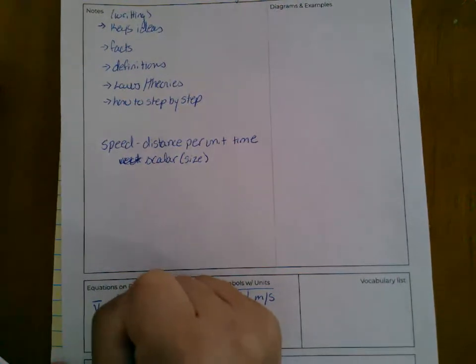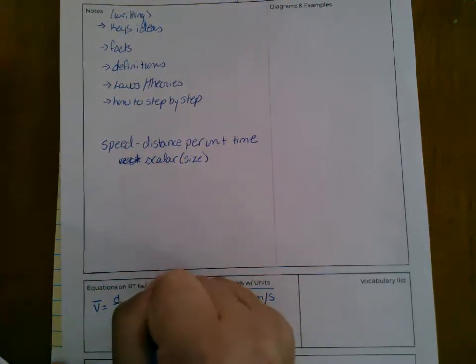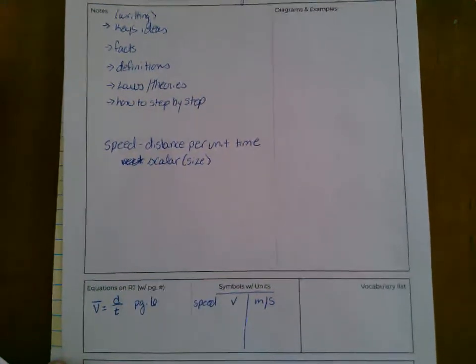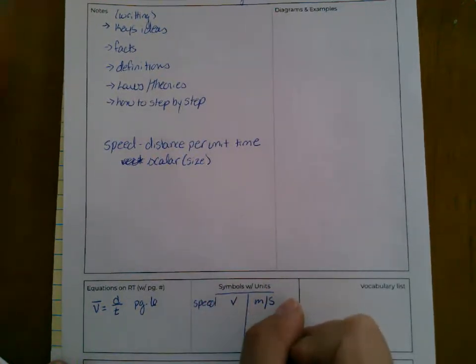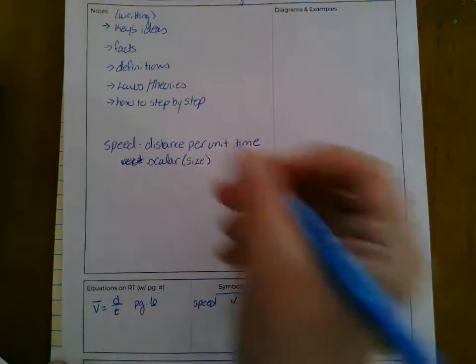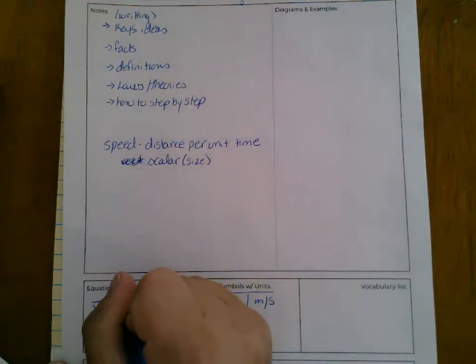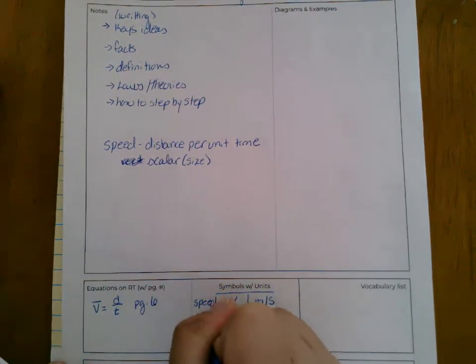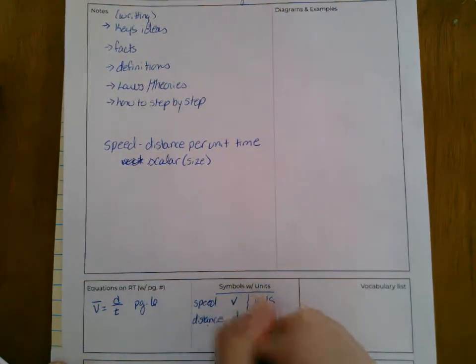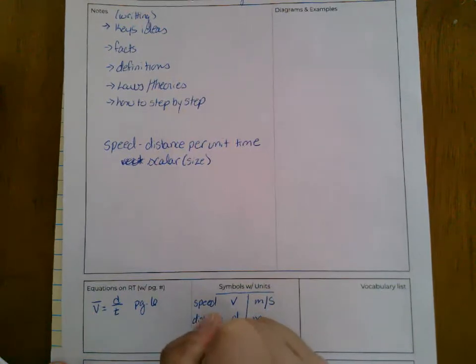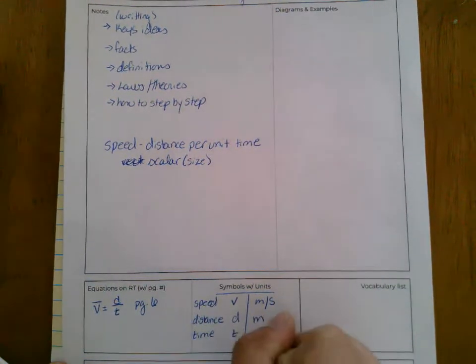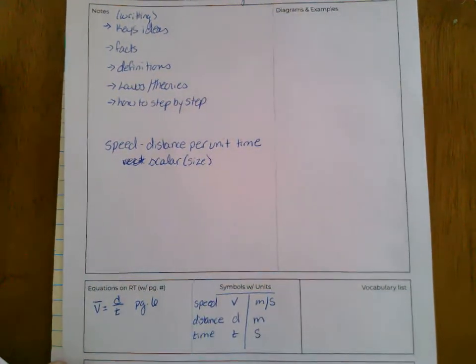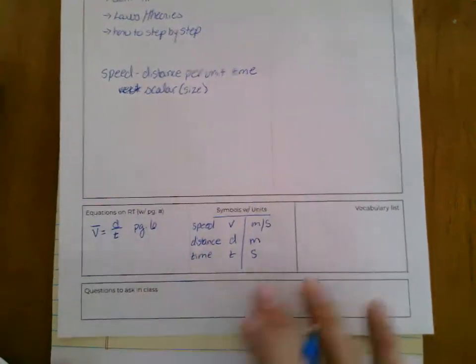And our teacher tells us that, and I tell you, it's on page 6 of our reference table. So then when we are filling in our notes, this is distance divided by time. So I should probably put distance, which is d measured in meters, and time, which is t measured in seconds. And so we have all that information.